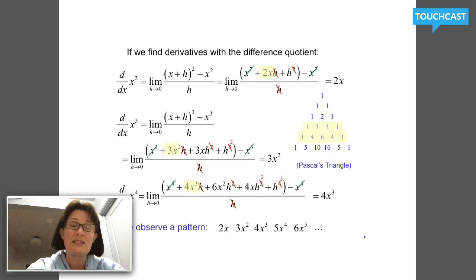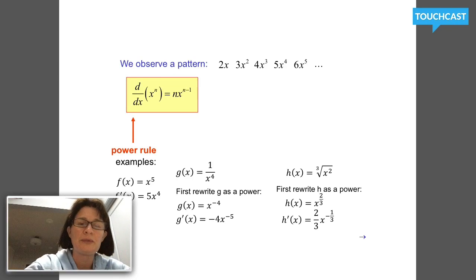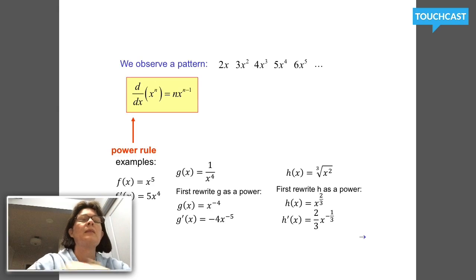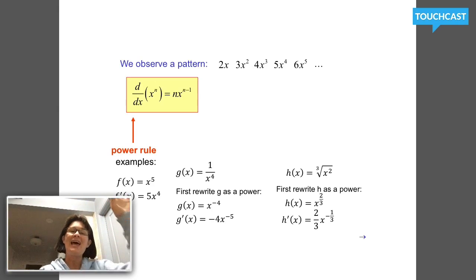We formalize these results with a rule that we call the power rule. So if you want to take the derivative of x raised to an exponent, the derivative with respect to x of x raised to an exponent, the exponent that you had comes down to the front to multiply, and you still have a power of x, but now the exponent is one number less.